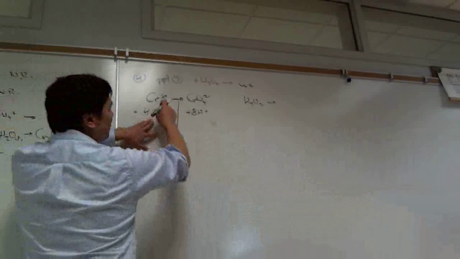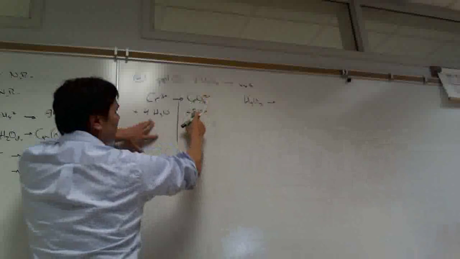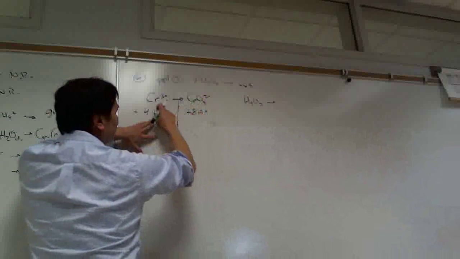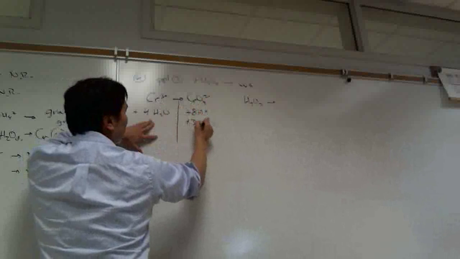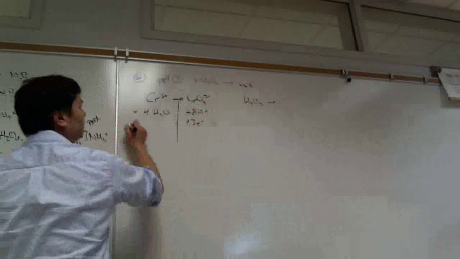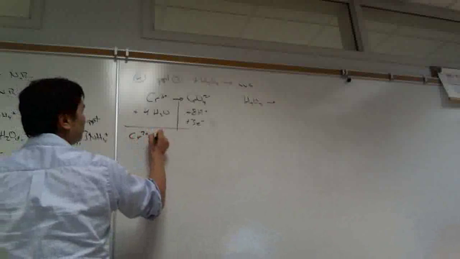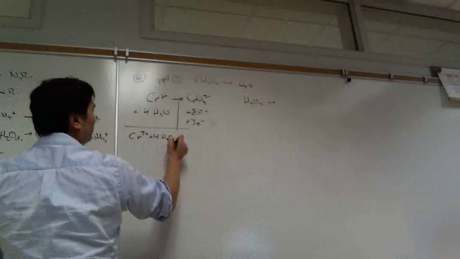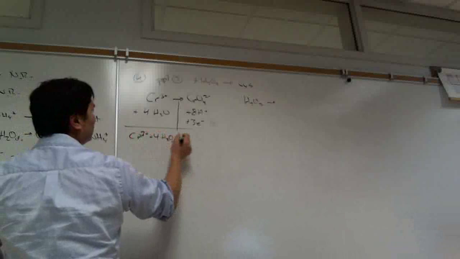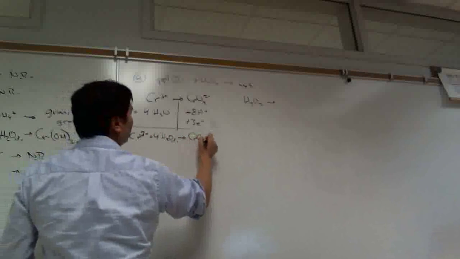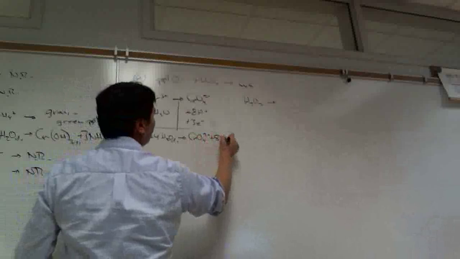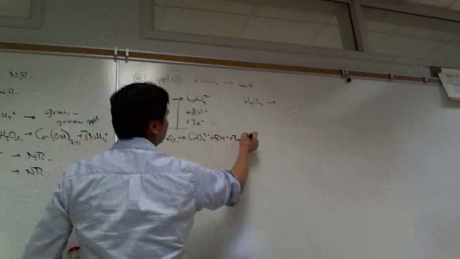And so I have 3 plus, and what is this? Plus 6. 3 plus 6 means plus 3 electrons, right? And so that looks to be it. And so we'll get chromium 3 plus 4 H2O liquid goes to chromate plus 8 H plus 3 electrons.